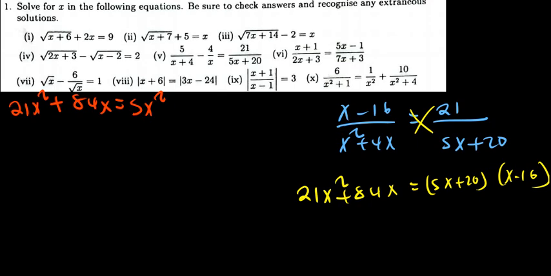So it is 80, but negative because 16 has got negative, so negative 80x. Then 20 times that one is plus 20x. Again 20 times 16, that should be negative, it's like you have got 160 times 2, so it's 320.